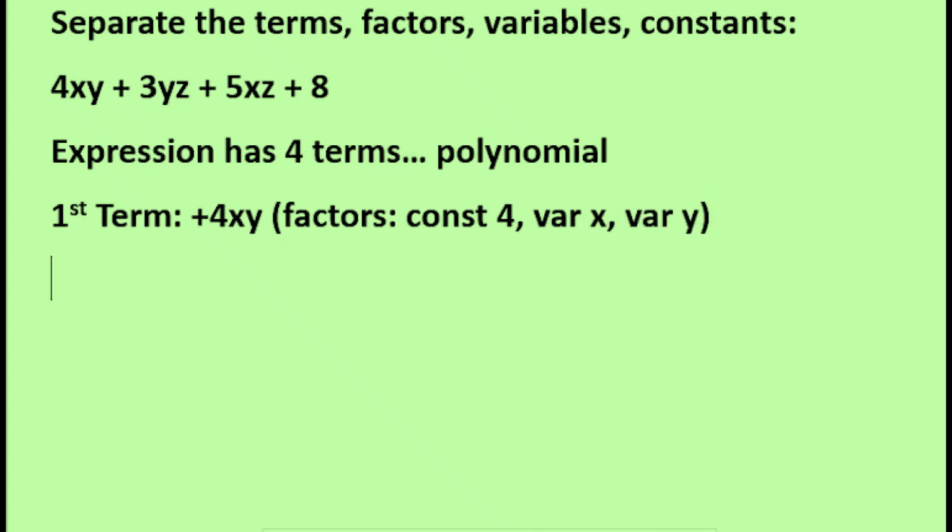Constant 4, you write in full. Here I am writing const. Ask your teacher if they allow it; otherwise write in full. Don't use this short form unless your teacher allows it. Constant, variable, you write in full. Second term is plus 3yz.